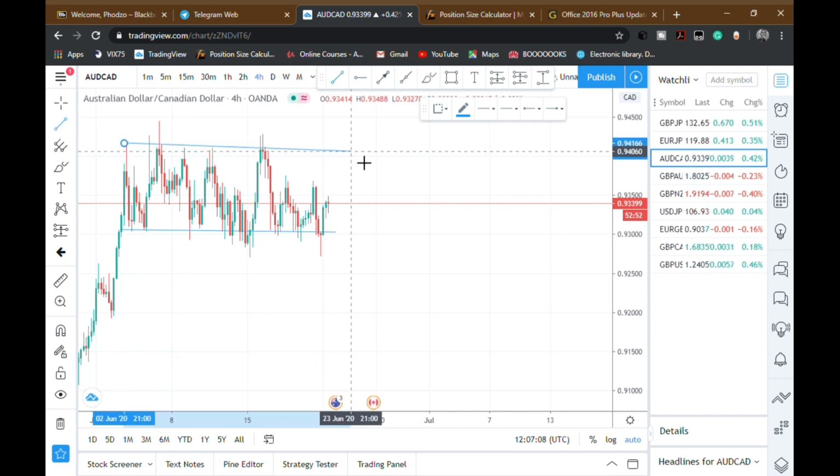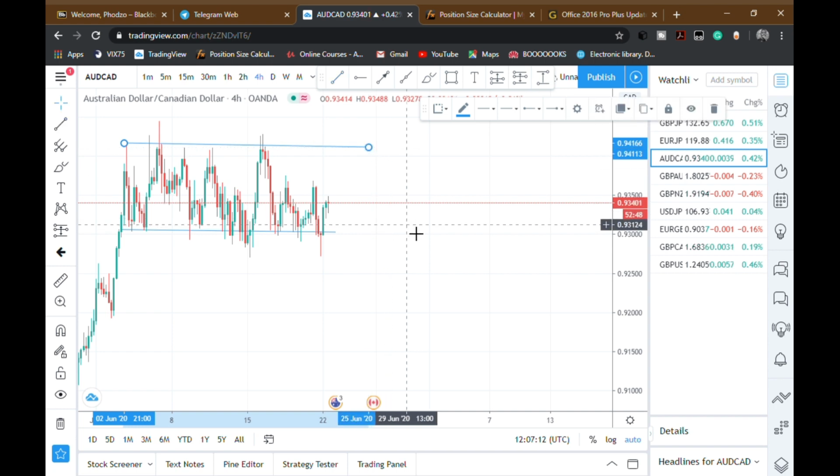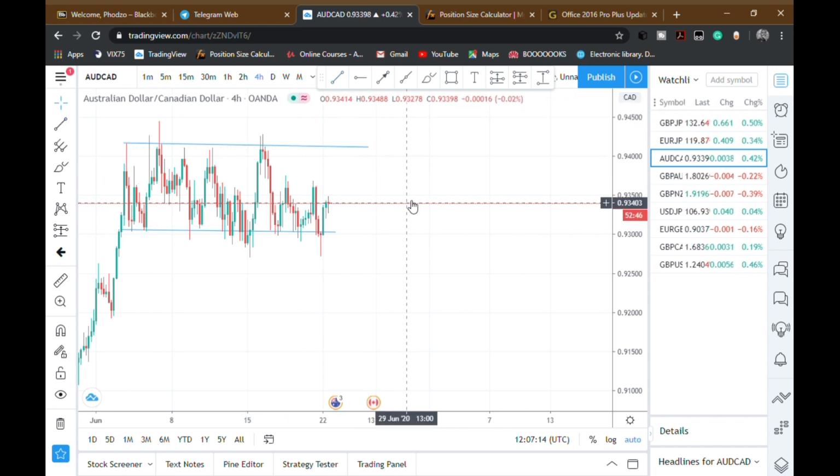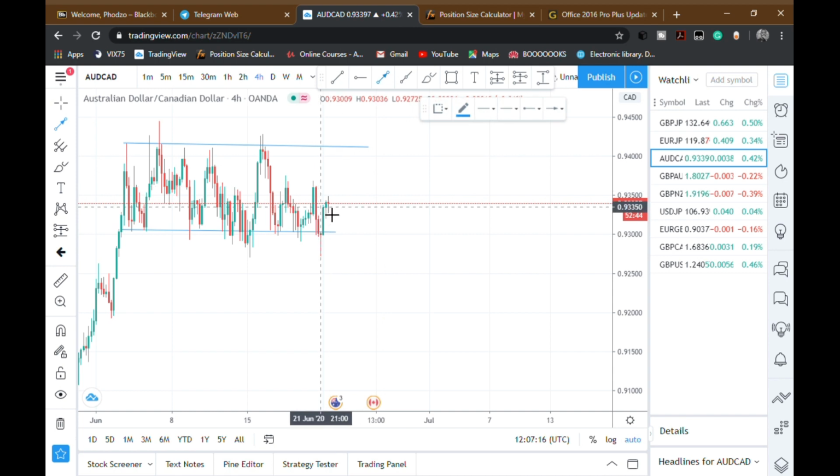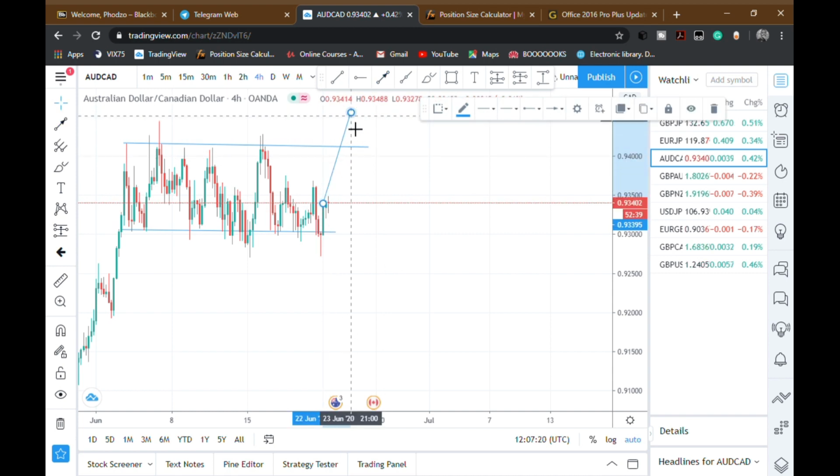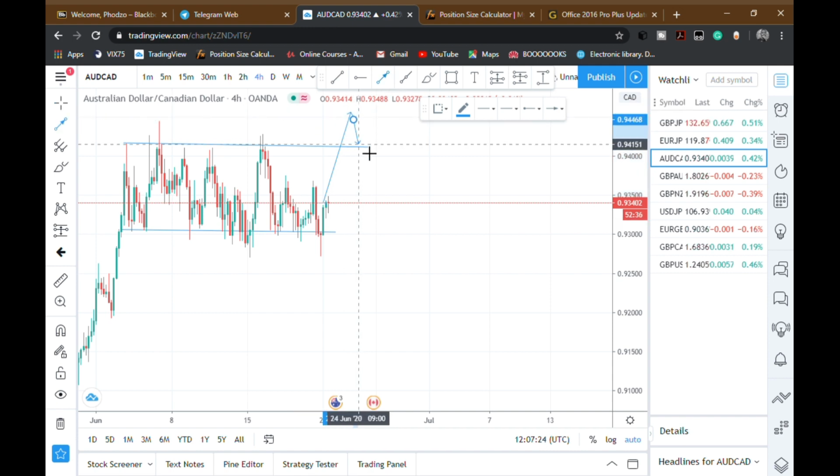What I'm going to do is wait for a breakout in either direction. So it's either going to go up, break, then retest, then go up.